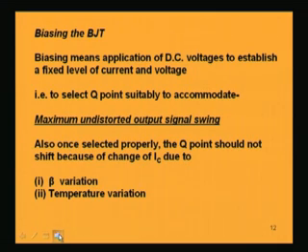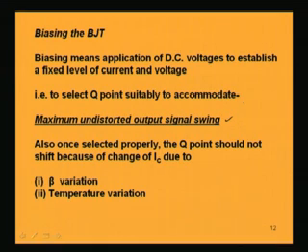Biasing means application of these DC voltages to establish a fixed level of current and voltage. That means it is proper selection of the Q point to suitably accommodate the maximum undistorted output signal swing. That is the aim of our DC biasing.